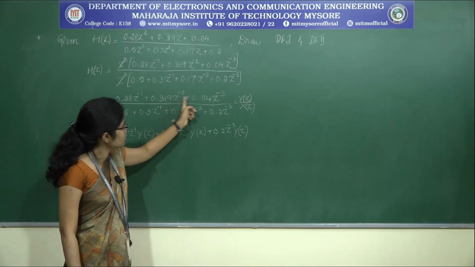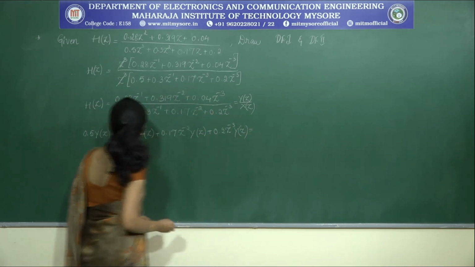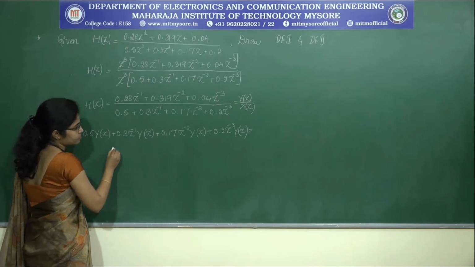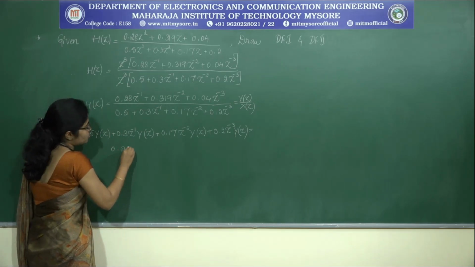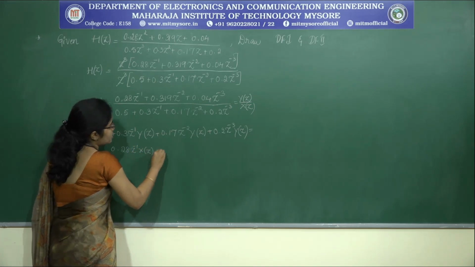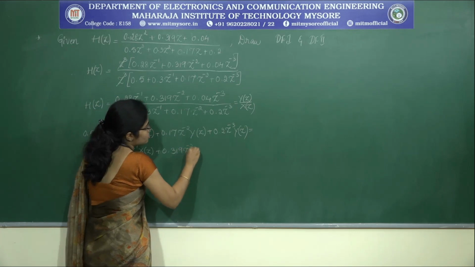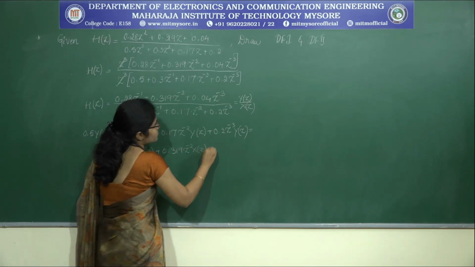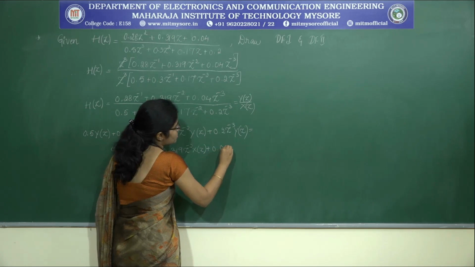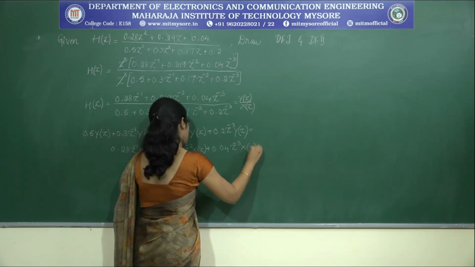Now let us do the numerator term with the denominator term. So this will be equal to 0.28 into z power minus 1 into x of z plus 0.319 into z power minus 2 into x of z plus 0.04 into z power minus 3 into x of z.